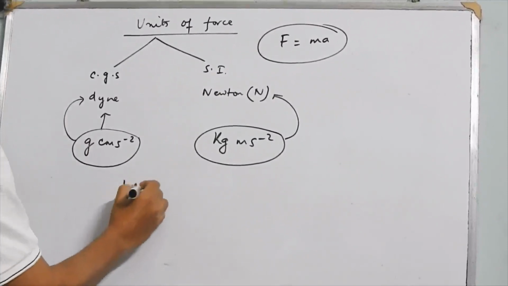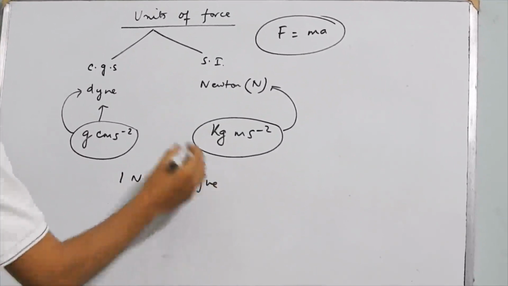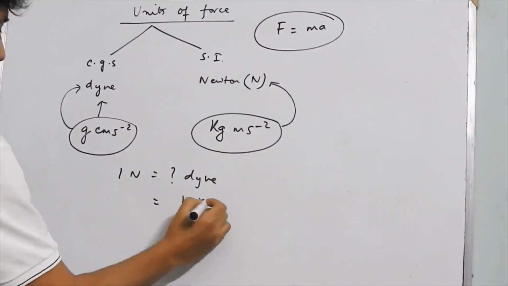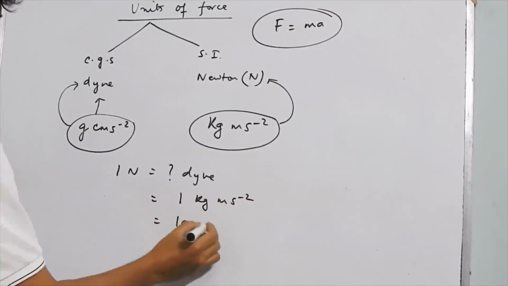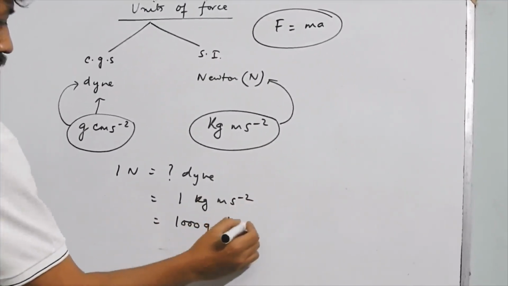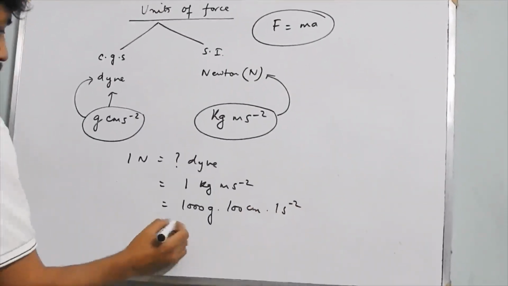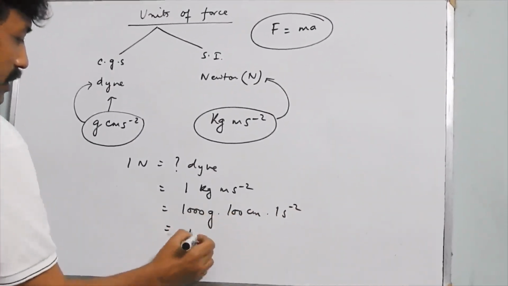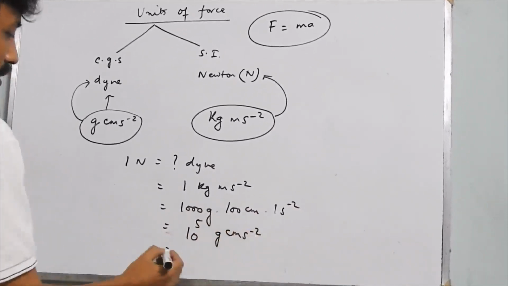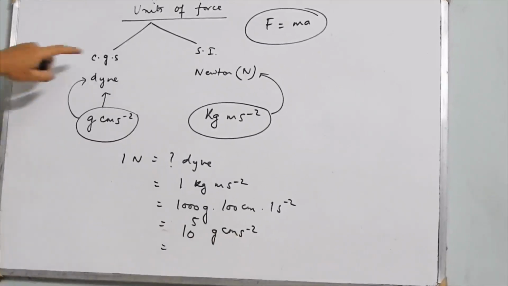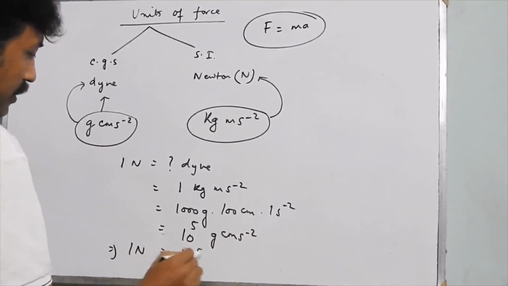So 1 Newton is how much dyne? 1 Newton is 1 kg meter per second square, and 1 kg is obviously 1000 gram, 1 meter is obviously 100 centimeter, and second square remains same in both CGS and SI. So this is 3 zeros and 2 zeros, that is 10 to the power 5 gram centimeter per second square, and gram centimeter per second square is obviously dyne. So you can say that 1 Newton is 10 to the power 5 dyne.